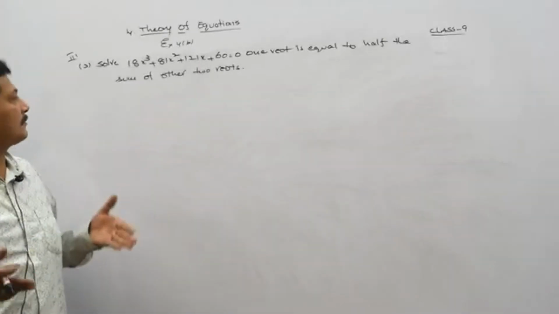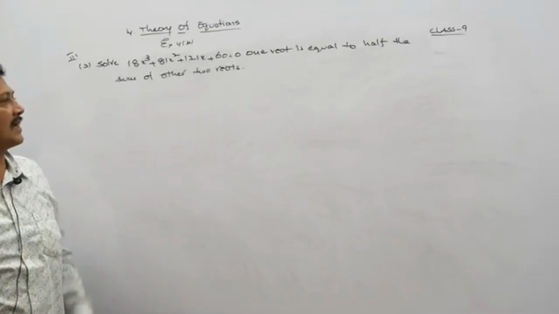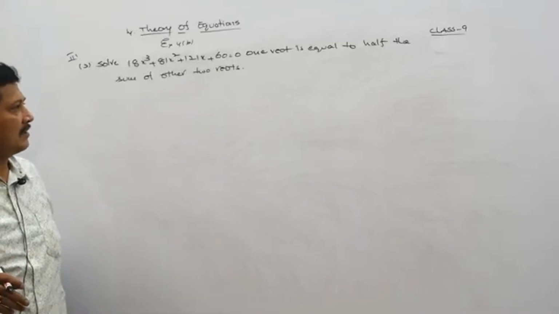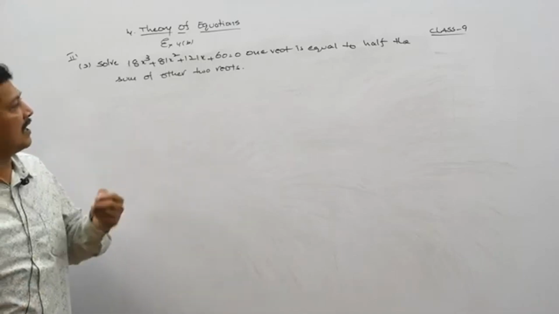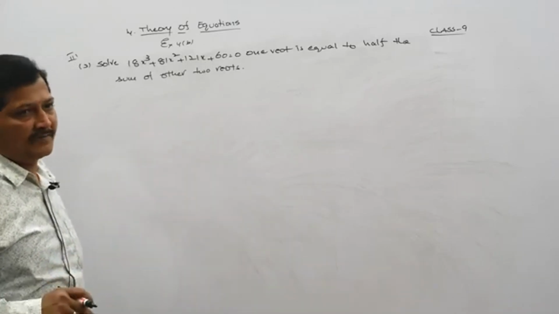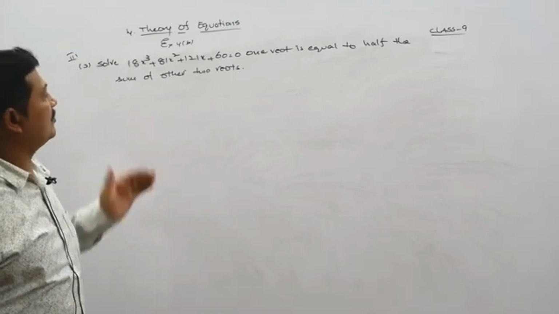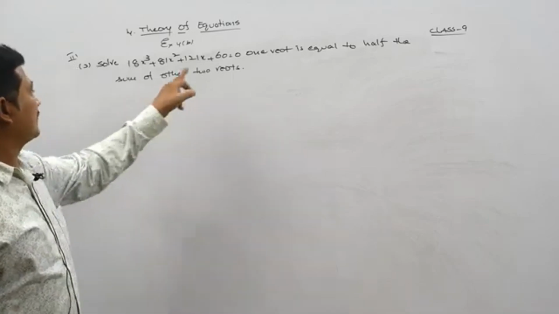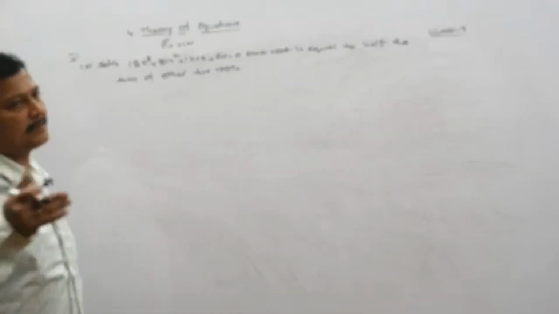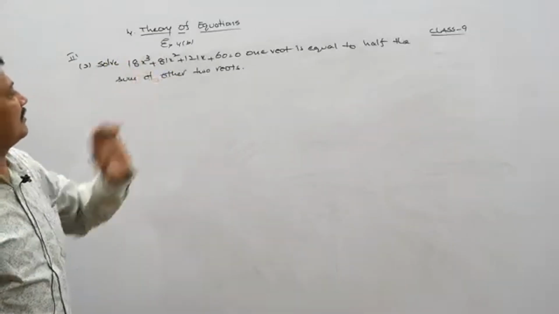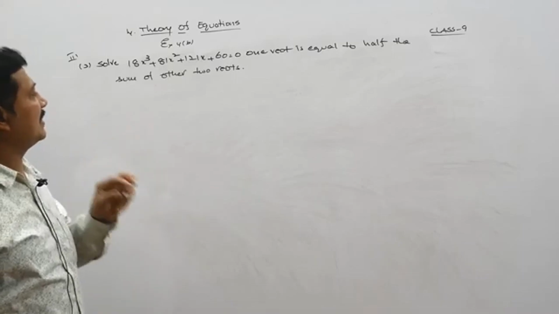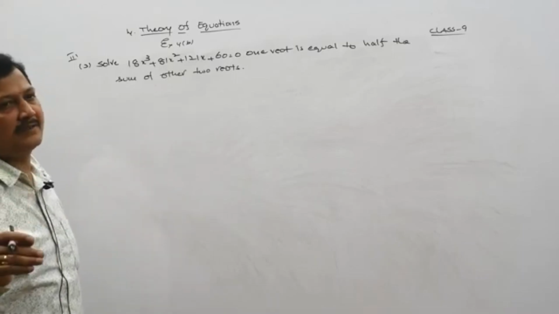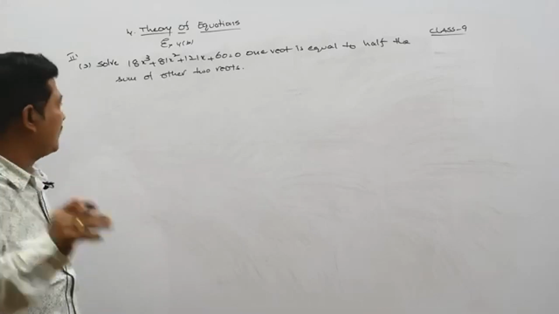Suppose alpha, beta, gamma are the roots of the equation. Now alpha is equal to half the sum of the other two, which is beta plus gamma by 2. This is the given condition to us.